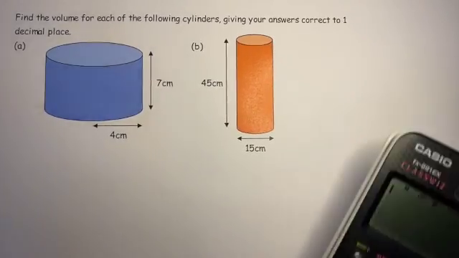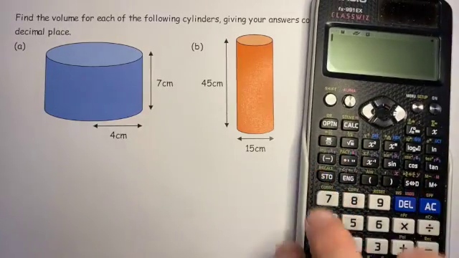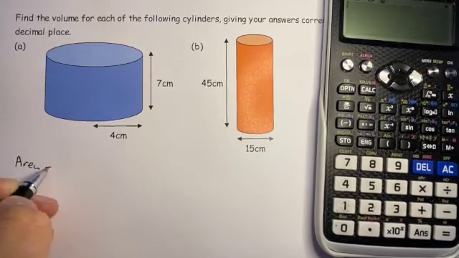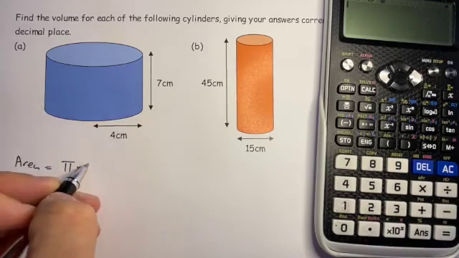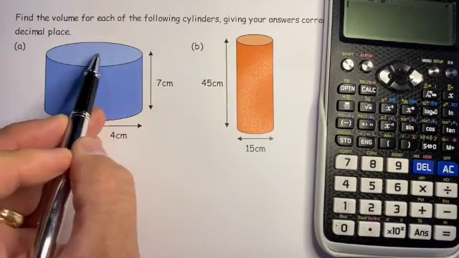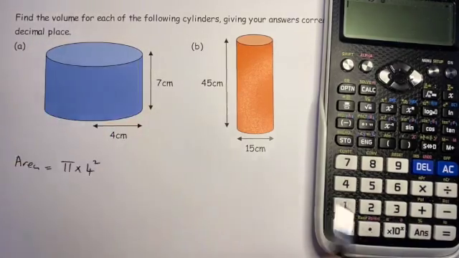Now, to work out the volume of these ones, we require the knowledge of area of a circle, as already said, and the area of a circle is pi times the radius squared. Now I can see that the radius of that circle is 4, it tells me that. So I've got pi times 4 squared.